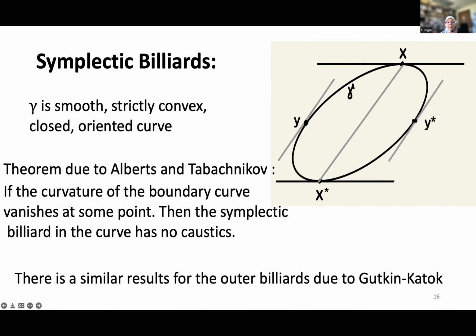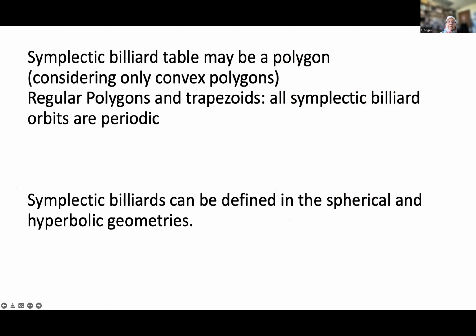There are a couple more nice results. We can have a symplectic billiard table that is a polygon, considering only convex polygons, of course.